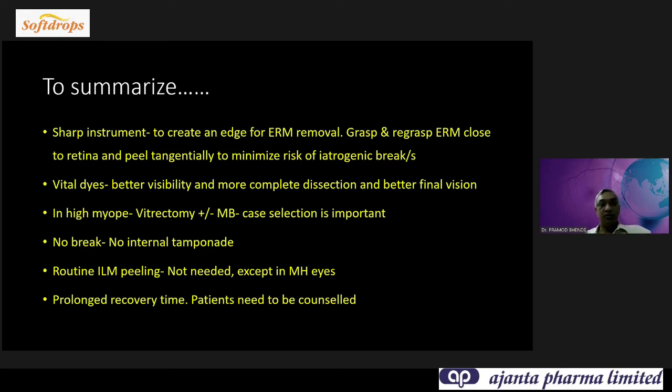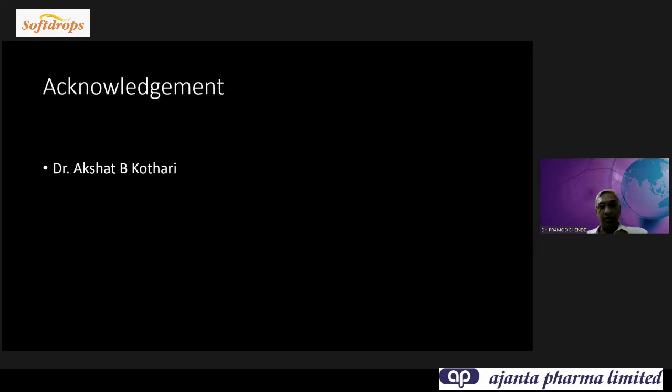In high myopes, vitrectomy or buckle can be planned depending on the case. If there is no break, there is no need to give a tamponade. Routine ILM peeling is not generally needed except in macular hole eyes. Most of these eyes have a prolonged recovery time, so you need to counsel the patient well in advance. Otherwise, there can be disappointment.